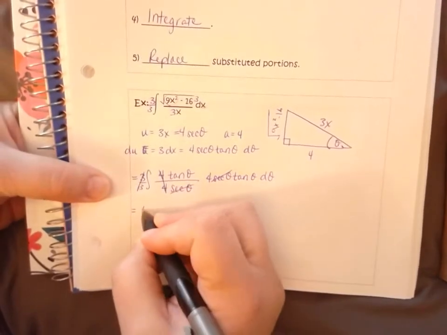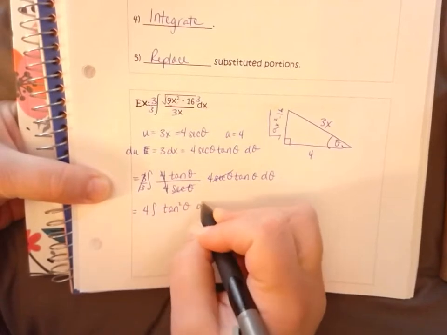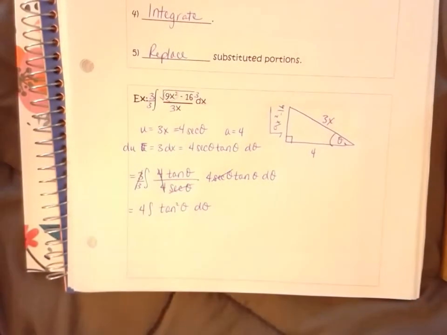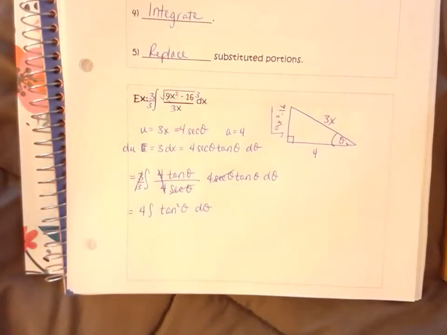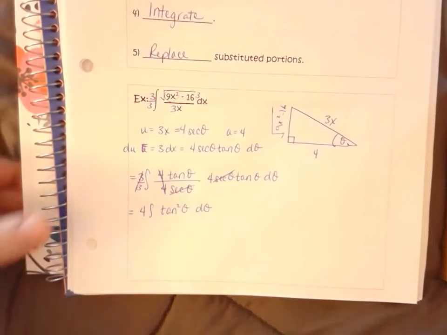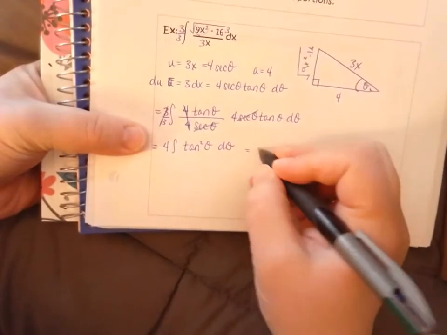Alright, when all is said and done, I have 4 times the integral of tan squared theta d theta. That's not a traditional trig sum. Instead, it falls into the category of what we learned in 8.3. And we learned in 8.3 that if you have an even powered tan function and it's the only function you have, use the identity to get rid of it.